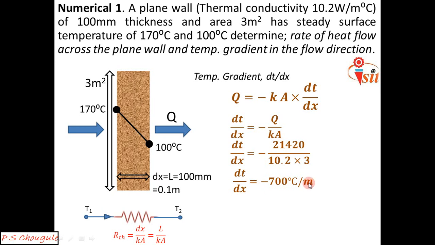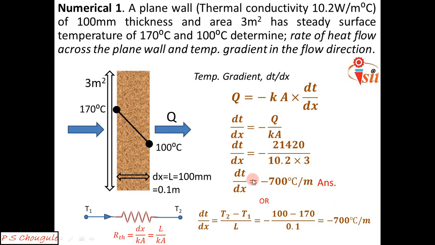Now we have calculated this by using the value of Q which we have calculated. In another way, you can find the temperature gradient like this also. dT upon dx, which is the temperature gradient, is equal to T2, the last temperature, minus the initial temperature T1, divided by L. L is the length. 100 minus 170 divided by 0.1, which is again the same, minus 700 degrees Celsius per meter.